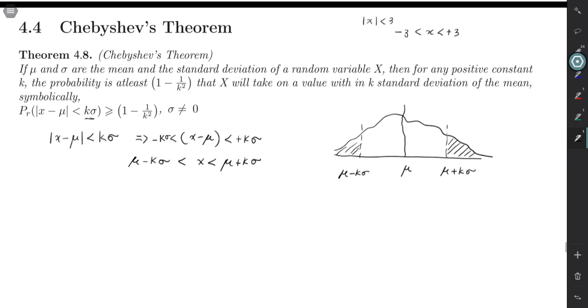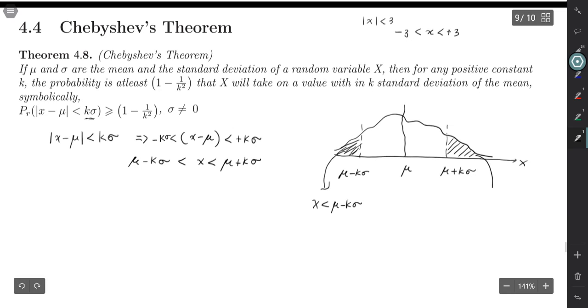Okay. So this area is x less than mu minus k sigma. Right? So this line is your variable x. So this colored area, the left tail, is all the values x less than mu minus k sigma.